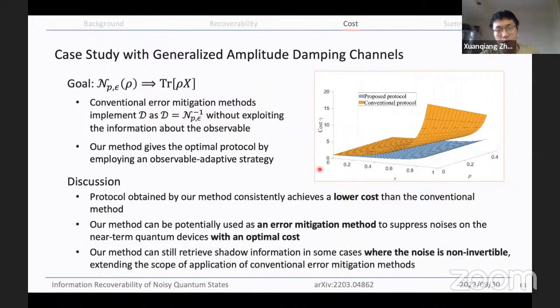Another advantage of our method is that it extends the scope of application of a conventional error mitigation method. Conventional error mitigation methods only work for the case where noise is invertible. However, our method could also work in cases where noise is non-invertible, as long as the necessary and sufficient condition is satisfied.